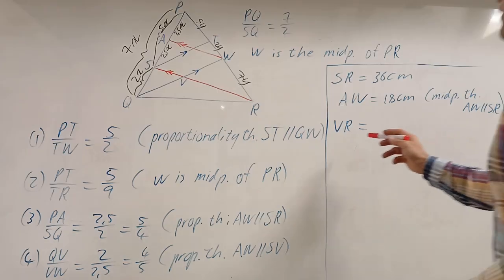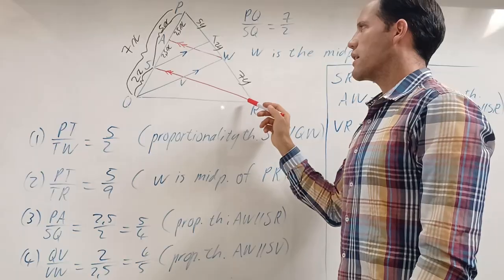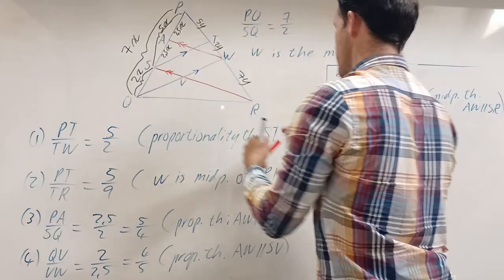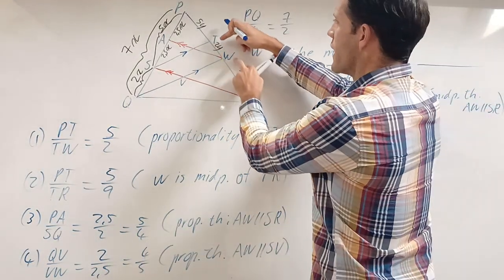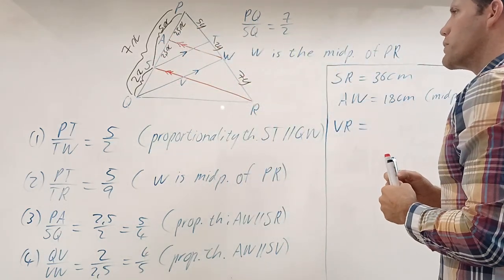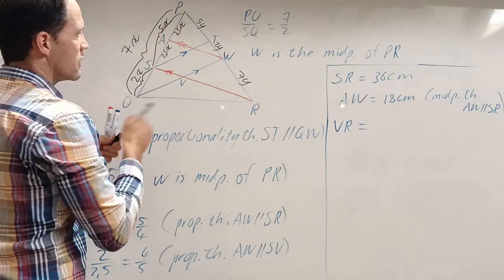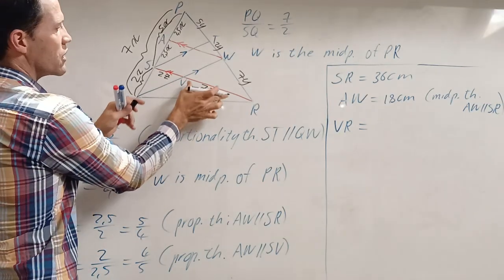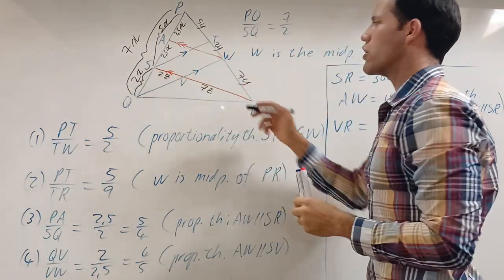Now for VR. Now we need to find VR. We know this whole part is 36, and we also know that this ratio is 7 over 2, which means VR over SV. If we want to find VR now, we can say this part must be 7 over 2. So for instance, you can make it 7Z and 2Z, because the ratio is the same. 7Z, 2Z, like 7Y, 2Y, but you can't call it Y again.